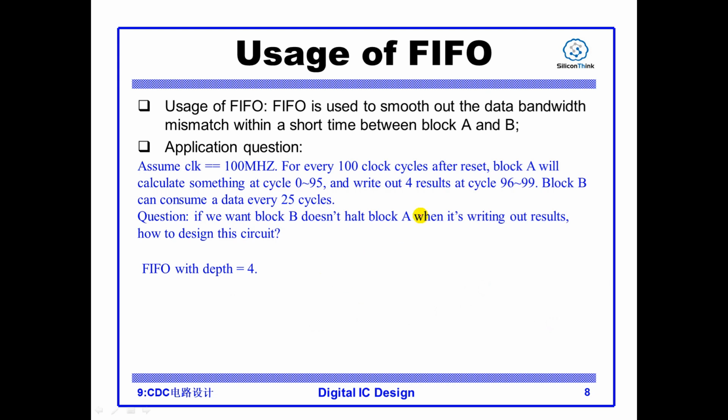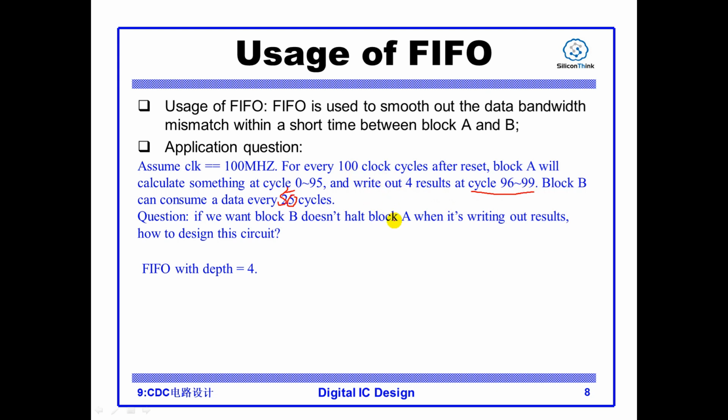Okay, one more question. If we change the situation, block B can consume data for every 15 cycles, and block A will output 4 data for every 100 cycles.